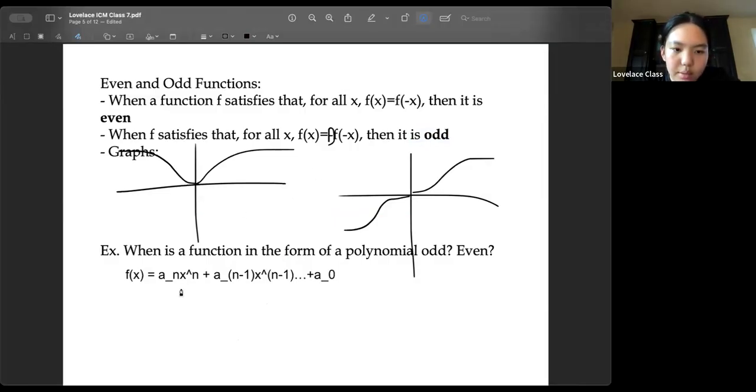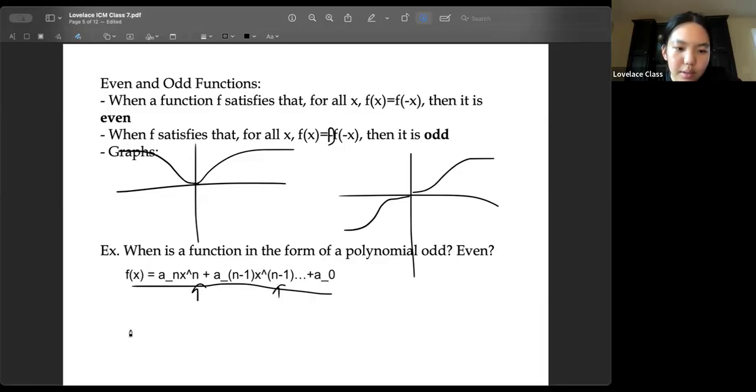We need this arbitrary function to satisfy f of x is equal to negative of f of negative x. If we plug in negative x, we want this thing to be the negative of that. So the only way that can happen is if all the exponents that x is being raised to are odd, right?